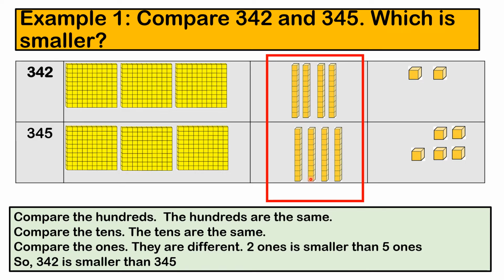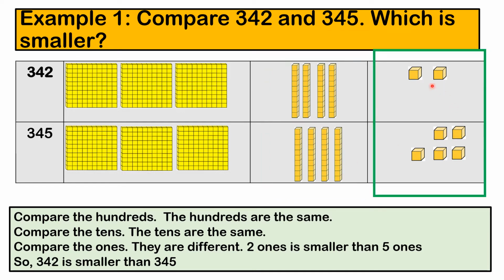We cannot compare to see which one is smaller. So then we have to look at the ones. Here we have 2 ones and below here we have 5 ones. So 2 ones is smaller than 5 ones, which means 342 is smaller than 345.